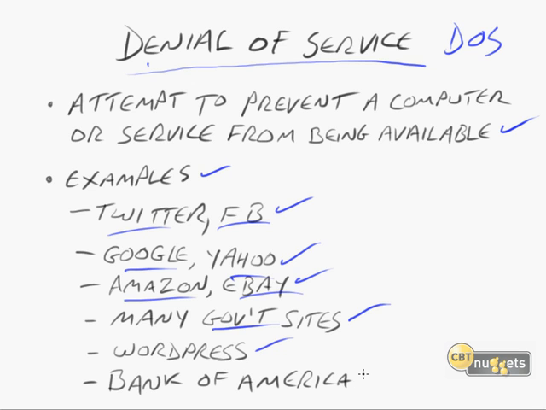And then most recently was Bank of America, which this past summer was considering charging customers $5 a month if they wanted to use their debit cards to make purchases. Well, this resulted in a huge backlash from not only their customers, but also from hackers who immediately performed a denial of service attack against Bank of America.